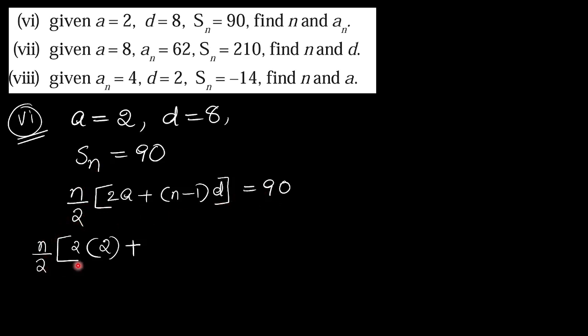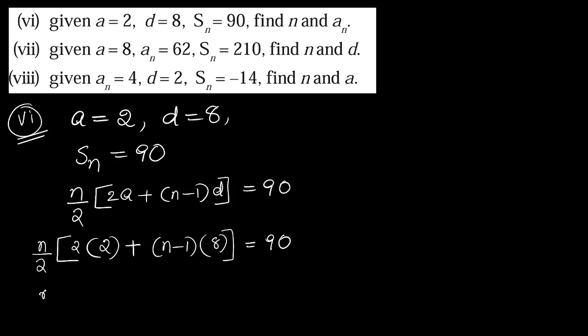That is n by 2 into 2 into a. A is 2 given. 2 into a will be 2 into 2 plus n minus 1 into d. D is 8. It is equal to 90.